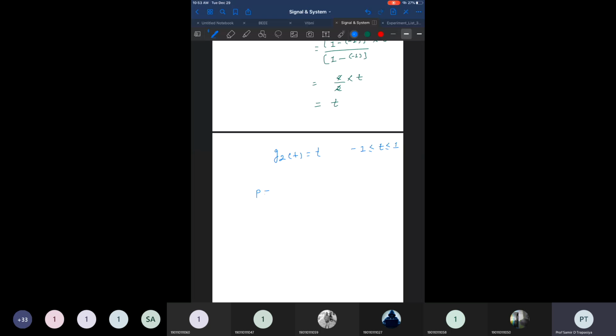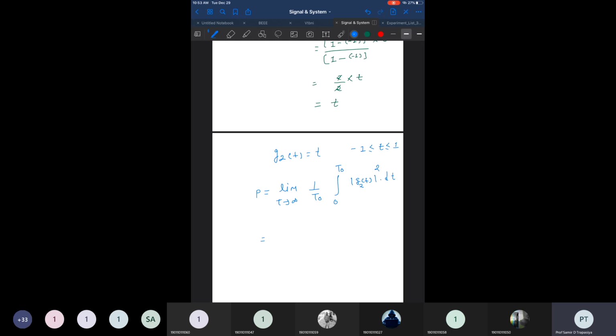Power is basically defined with the total duration of the signal, suppose t approaches infinity. This t0 is the duration of one cycle, and the integration limit is for one cycle. We are finding the energy for one cycle, so it is 0 to t0, g of t whole square dt. It's not g, it's our g2.